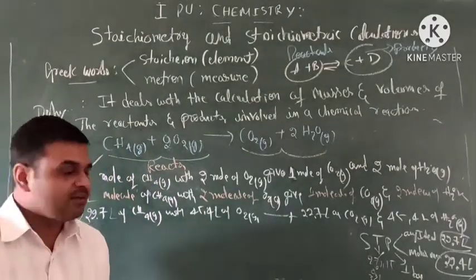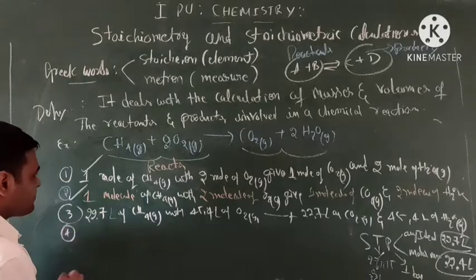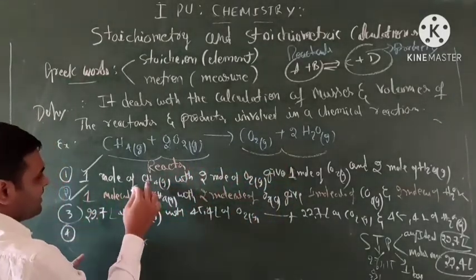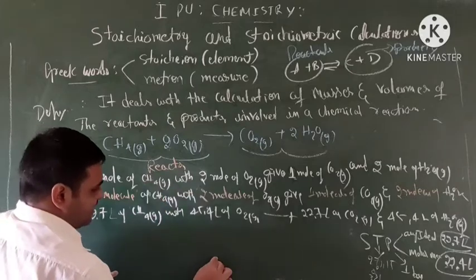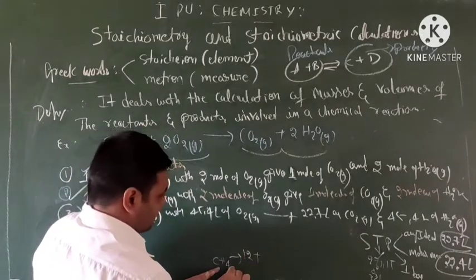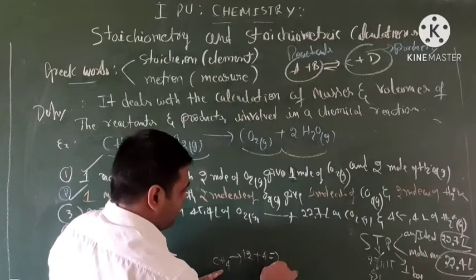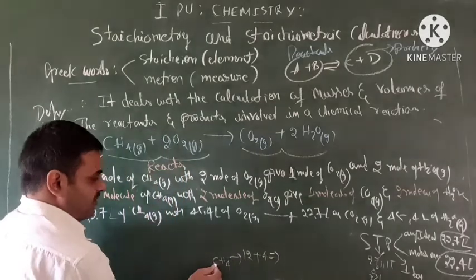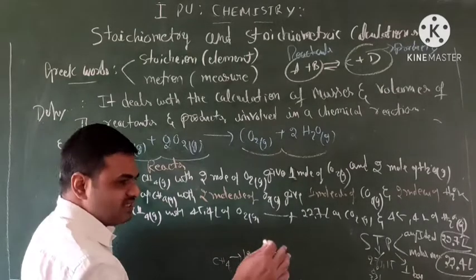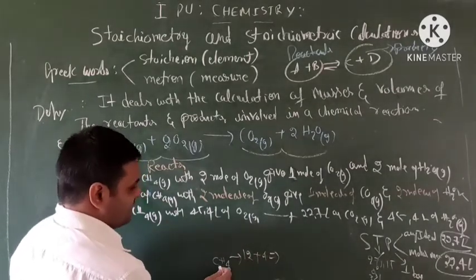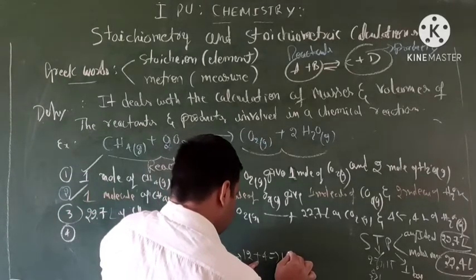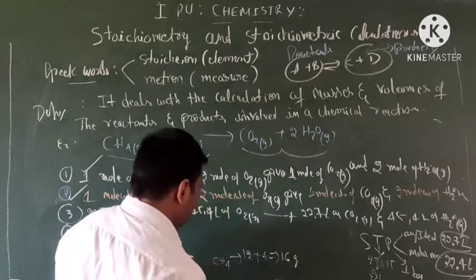Now, in the molecular mass or molar mass concept: CH4 is C, 12, plus 4 hydrogens. The atomic mass of carbon is 12 and hydrogen is 1.008, which you can write as 1. So 12 plus 4 is 16 grams.